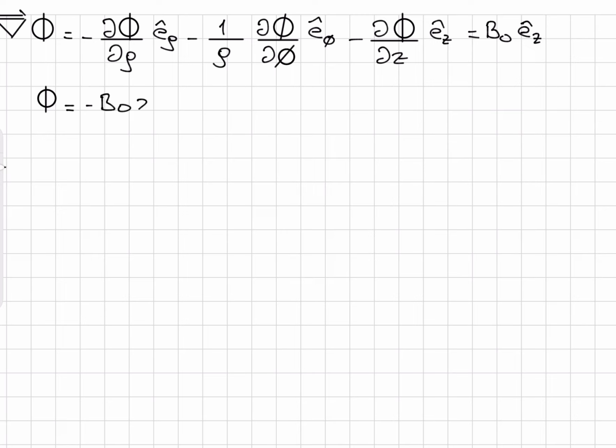I could add an arbitrary constant there if I wish, because the rho and phi derivatives would be 0 and the z derivative would be 0, so that would have no contribution. So I can take this constant to be 0 and say that this is my scalar potential function, and that can be used to produce this magnetic field.